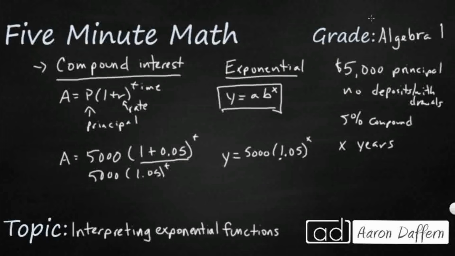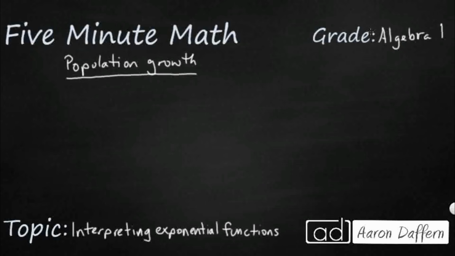Let's look at another example. The other way that we might use exponential functions in the real world is population growth. It might be bacteria, or some other type of animal or insect. You might see a starting population, so let's say we started with 20 of whatever the animal or insect is.